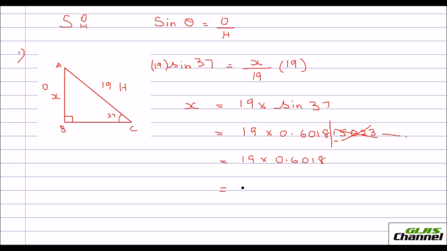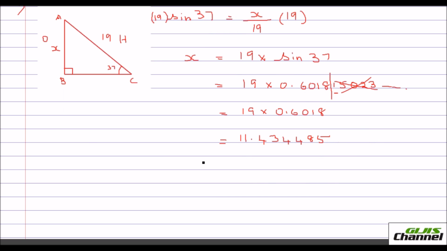Yeah, I got it as 11.434485. Since this is the side of a triangle, I can round this number to 1 decimal place.